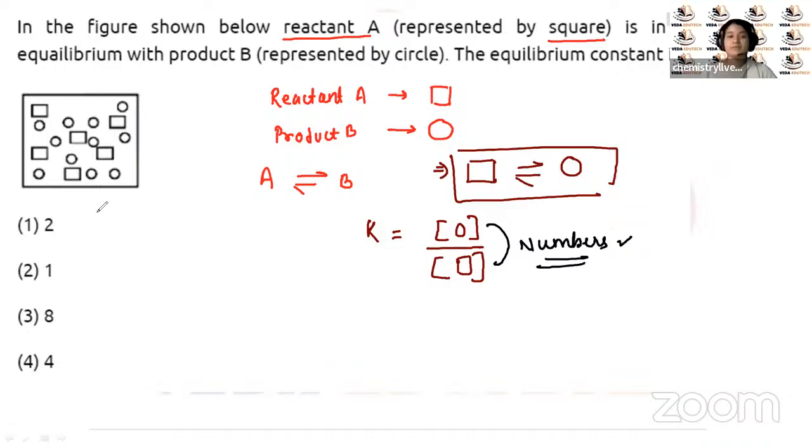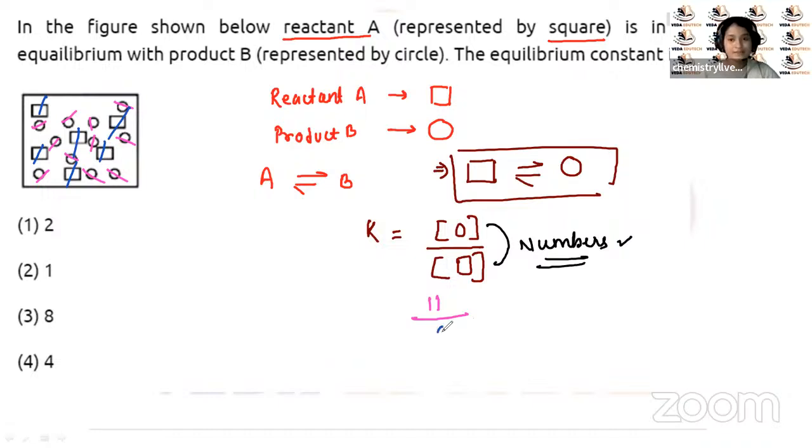Talking about numbers here, let us count how many are there. 1, 2, 3, 4, 5, 6, 7, 8, 9, 10, 11. So there are 11 circles here. Counting the number of squares, children, how many do we have? 1, 2, 3, 4, 5, 6.